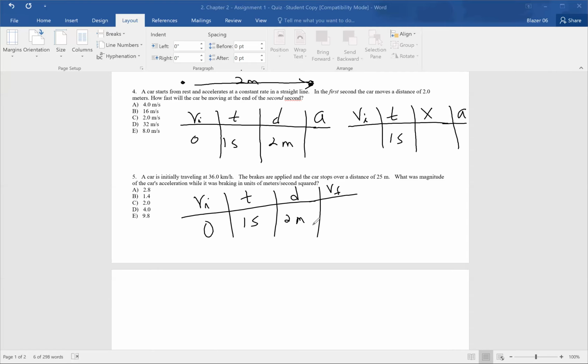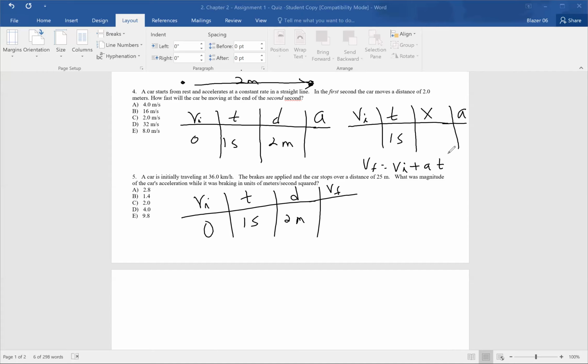So that means then, in order for me to find how fast will the car be moving at the end of the second, I've got to first of all find the initial velocity. I know the time. I know the acceleration. I can find my final speed because my final speed is always my initial speed plus AT.